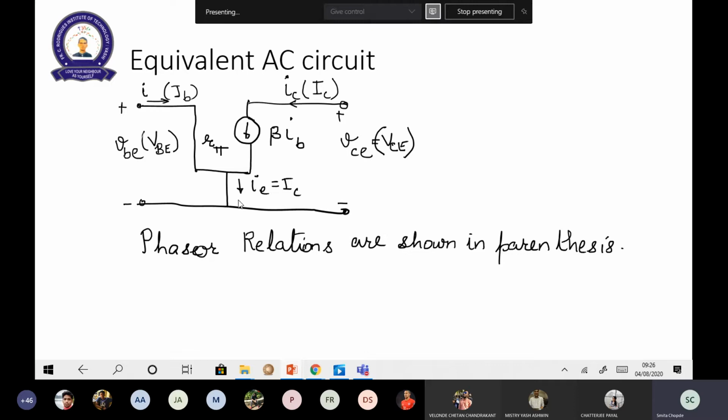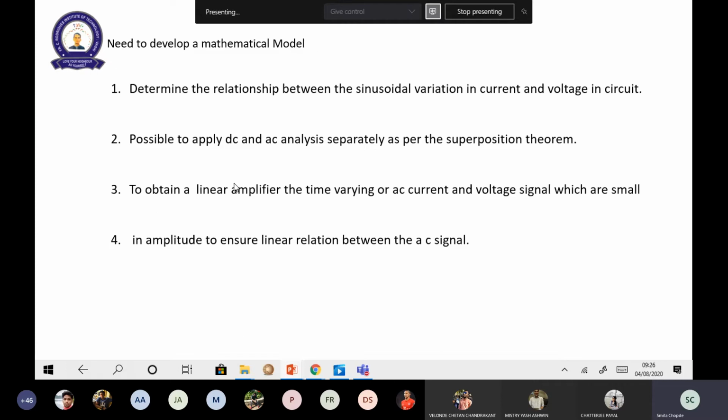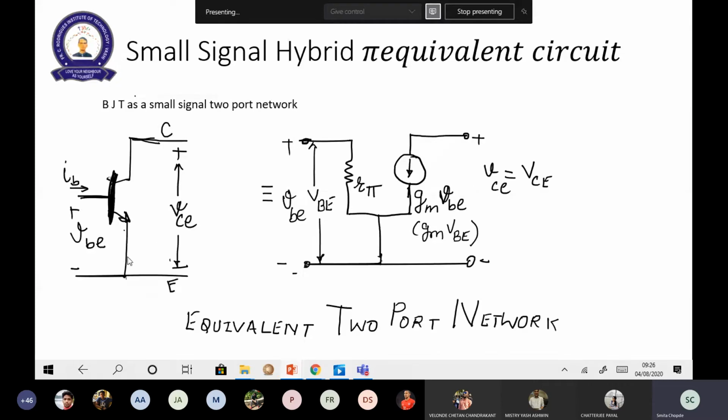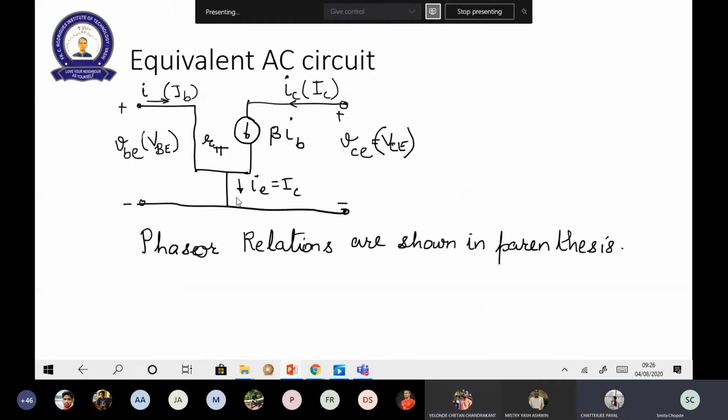Now, since the emitter was grounded in the previous circuit, here emitter is grounded, right? Yes or no? Yes, ma'am. So based on this, I will always say the current flowing into the emitter is the collector current, right? Yes or no?